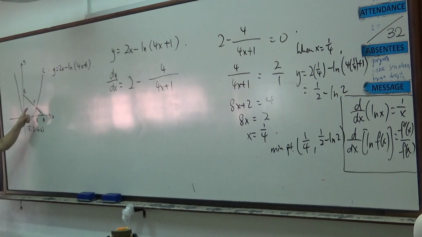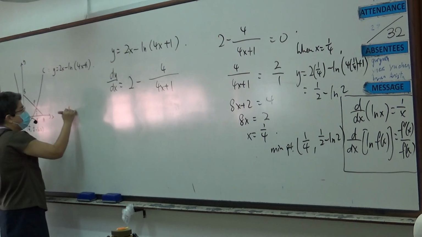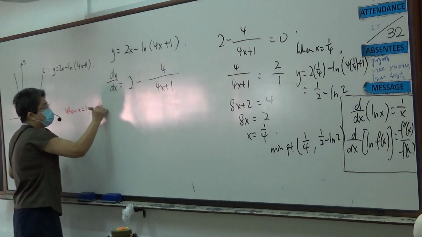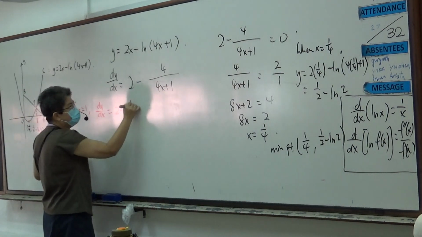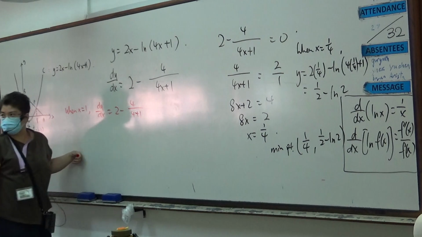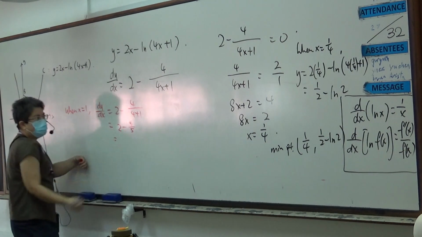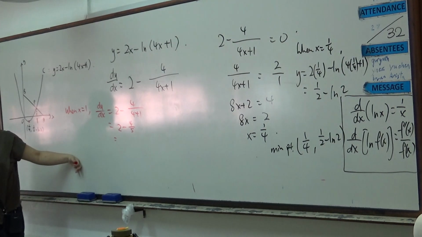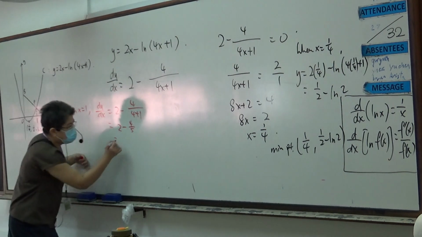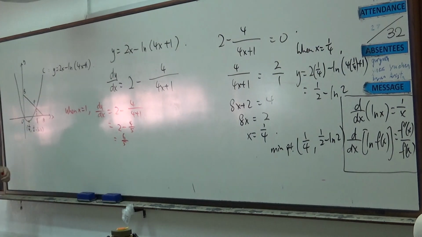Okay. Now for the normal at this point, I must find the gradient of the tangent first, right? When x is what? 1. Okay, all of you look up. When x is 1, dy/dx is 2 minus 4 over 4 plus 1, because x is 1. So this will be 2 minus 4 over 5, which is 6 over 5, correct?